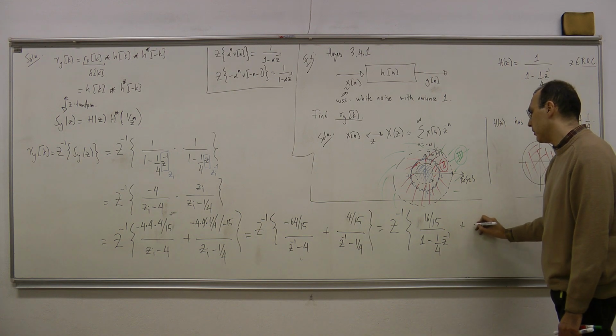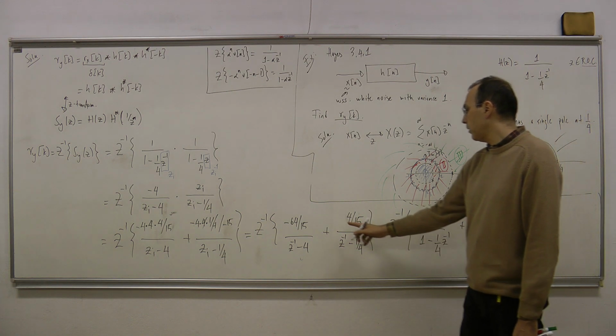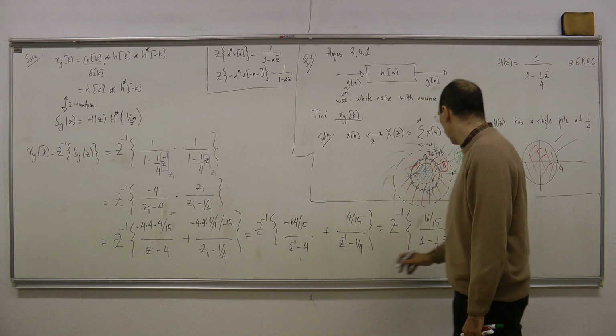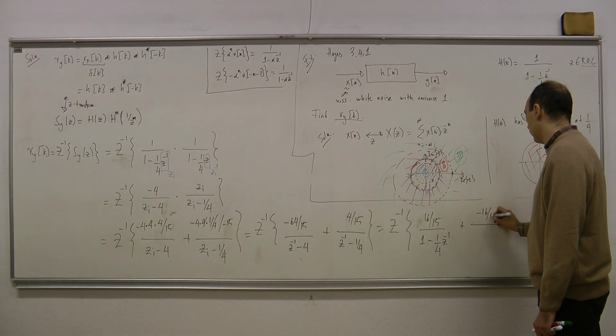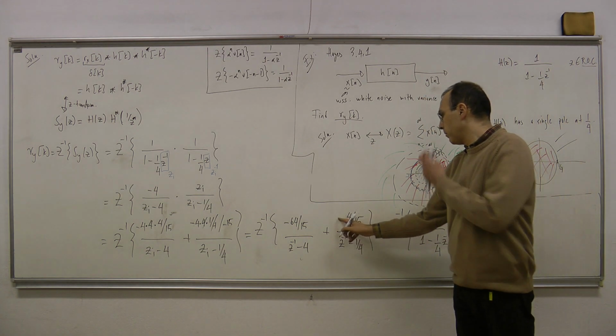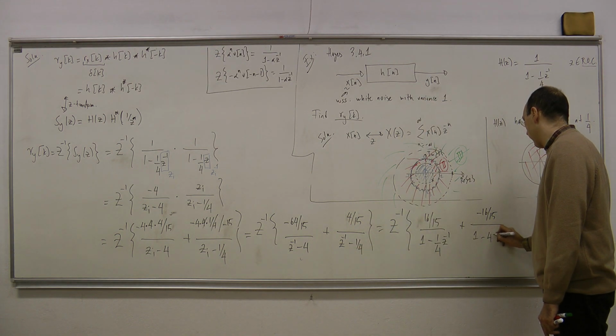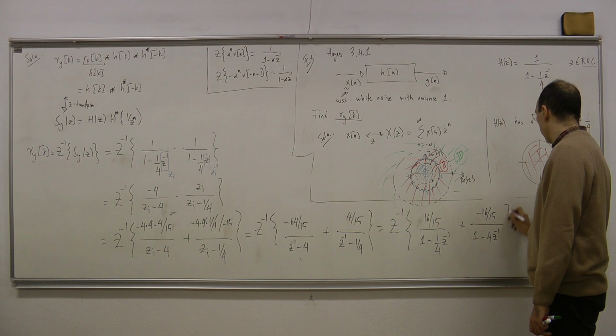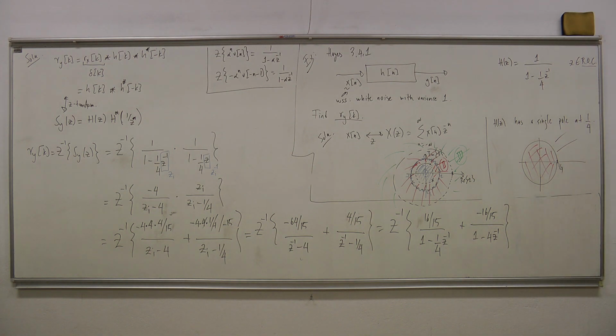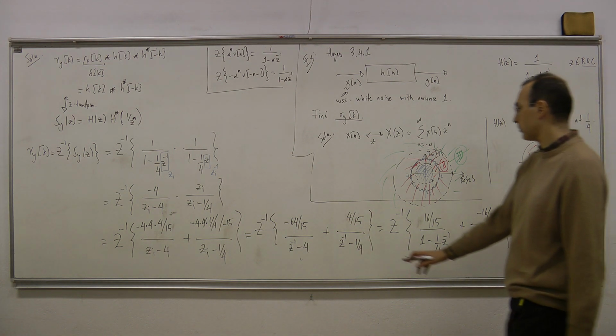Plus, then multiply by minus 4 both sides, minus 4. So I get something like this.